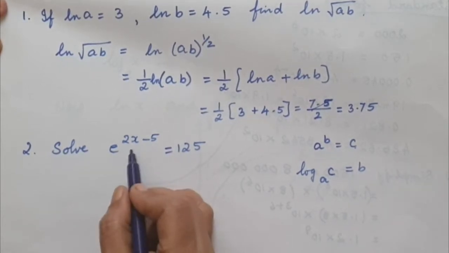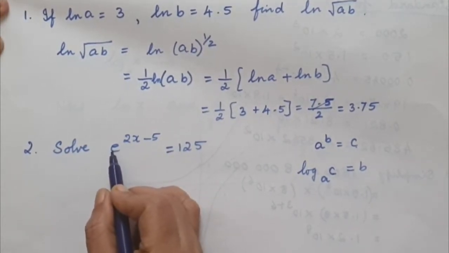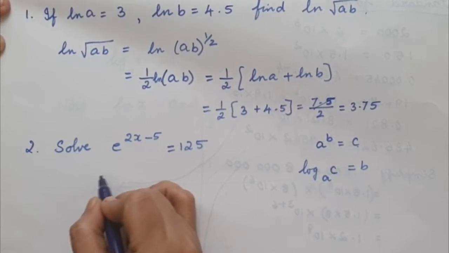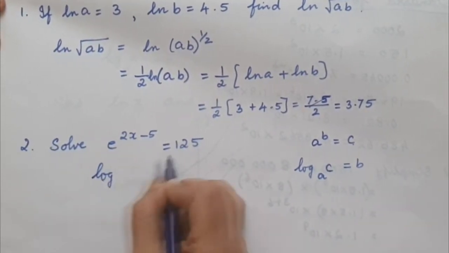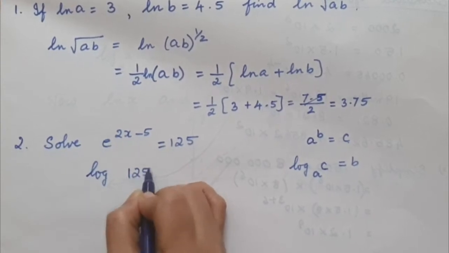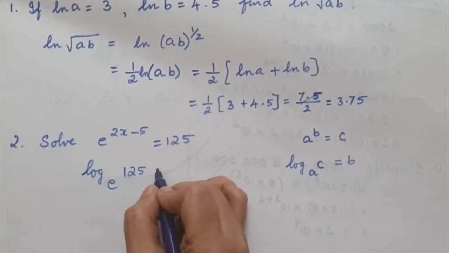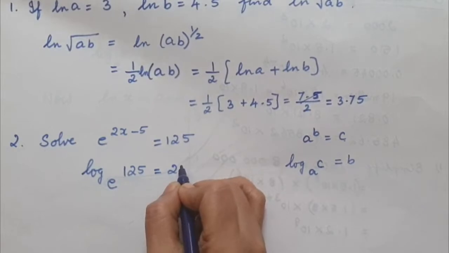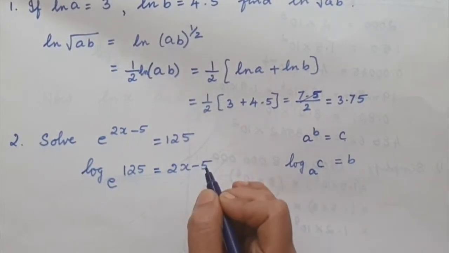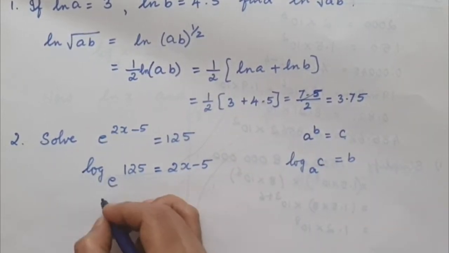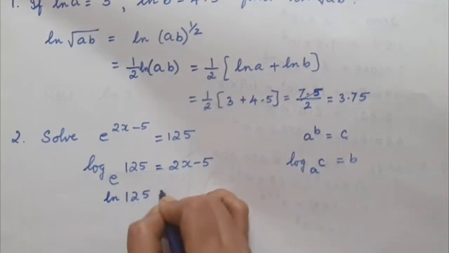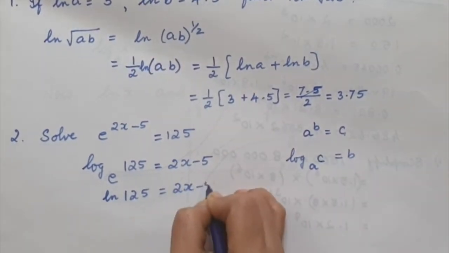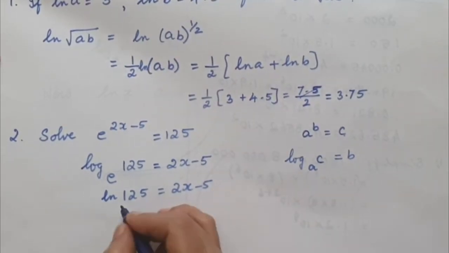So now using the same concept, when we write e to the power of 2x minus 5 equal to 125, we are going to write it as a logarithm. When I write this in logarithm, the 125 goes over here, and the base remains as e, so that will be equal to 2x minus 5. This is nothing but ln, so ln of 125 will be equal to 2x minus 5.